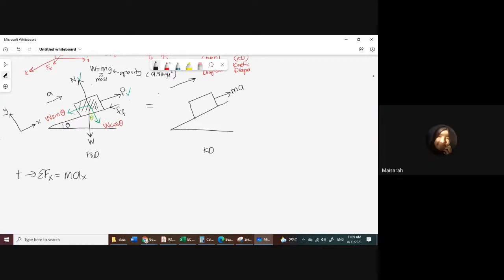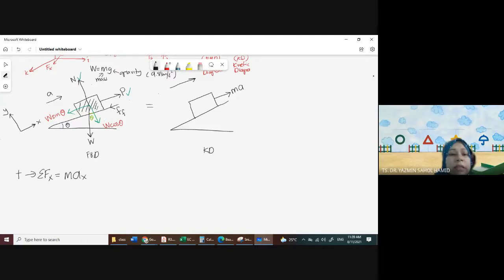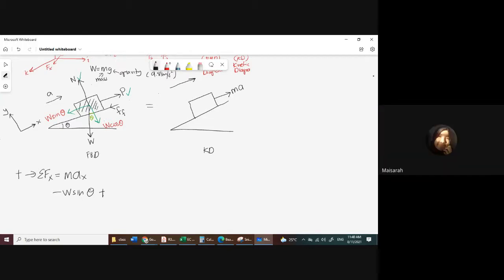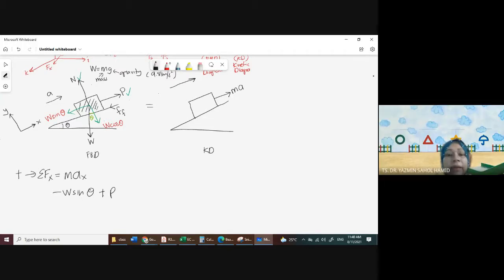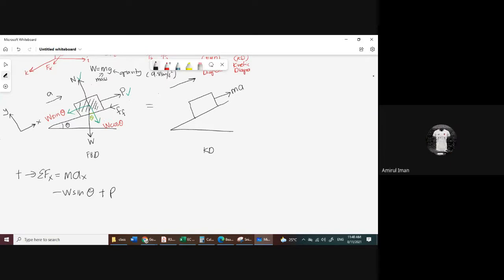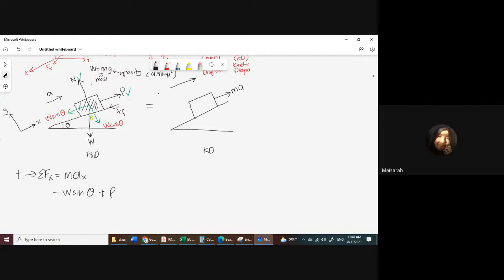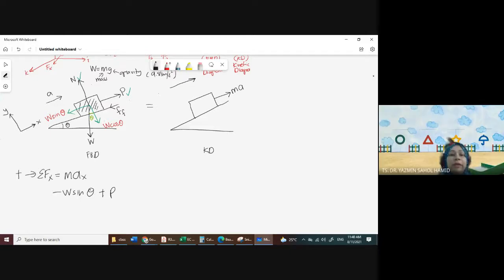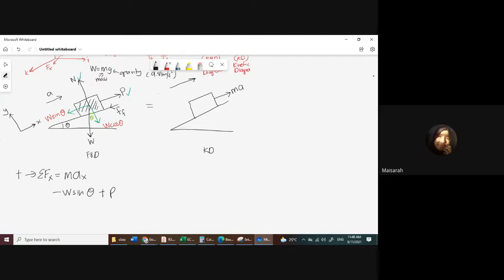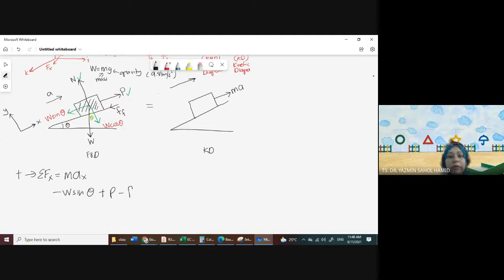Negative W sin theta. Okay, not nice to start with that, but okay. Negative W sin theta, plus P. There's also plus P. Plus P again. Plus what? Acceleration? No, this is the free body diagram. Oh. Negative F. Okay, friction, negative friction force.